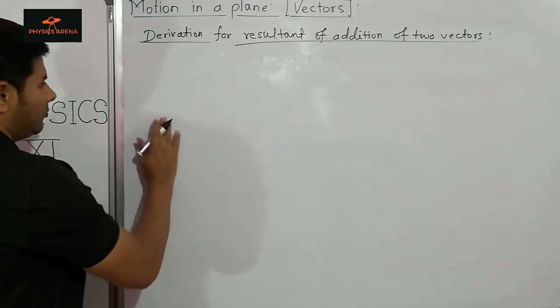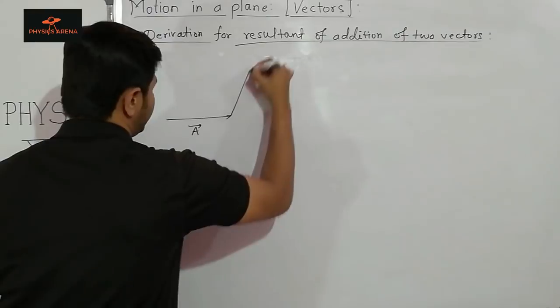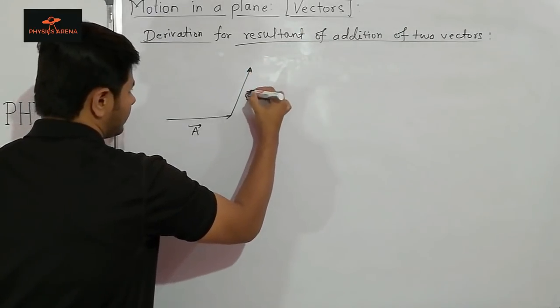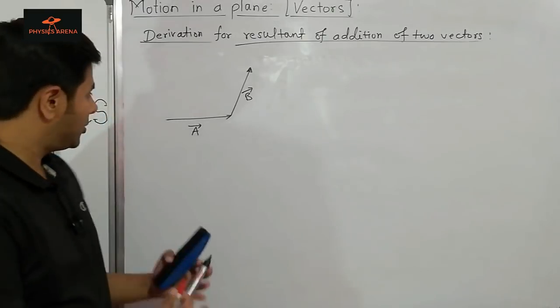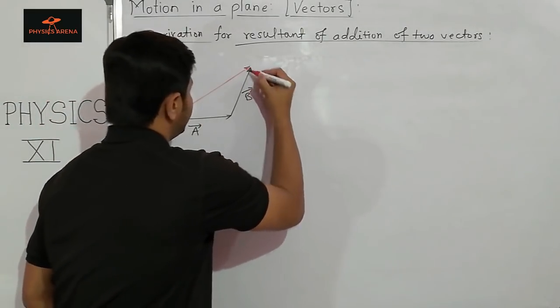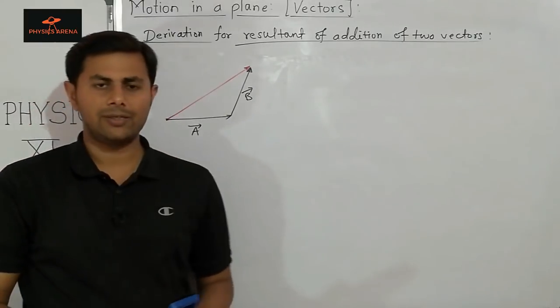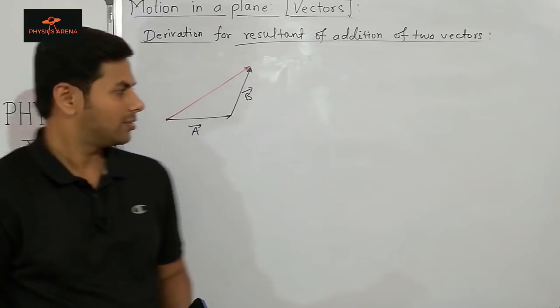Now suppose we have this A bar and this is B bar. Then by triangle law, we know that the resultant is this one, which starts at the starting point of the first vector and ends at the end point or tip of the second vector.